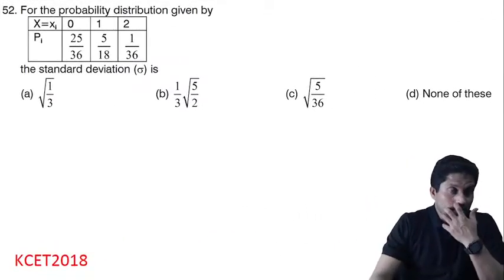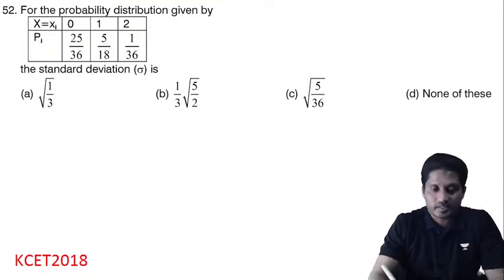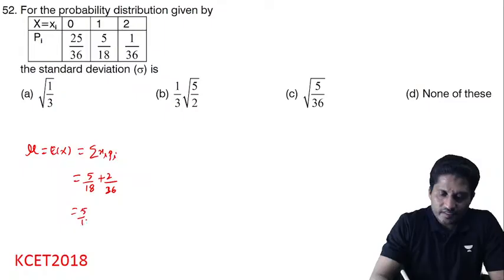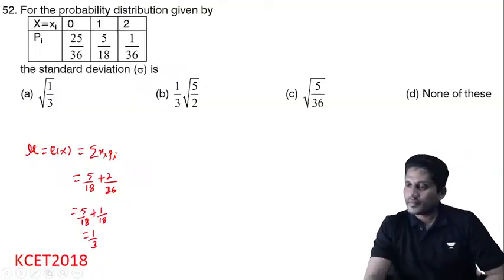Okay, a probability distribution is given. I should find the standard deviation. First, I'll find the mean. Mean is equal to the expected value of x. This is equal to summation xi pi, which is 5 by 18 plus 1 by 18, that is 6 by 18, which is equal to 1 by 3. The mean.